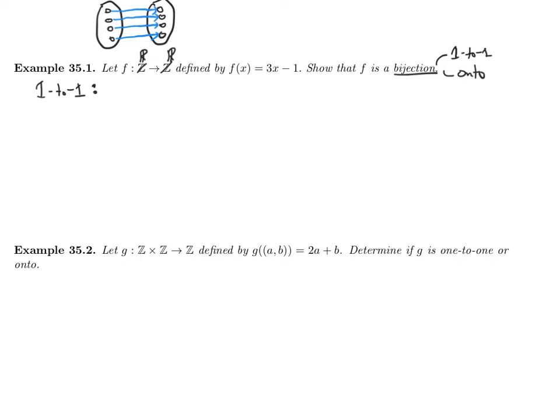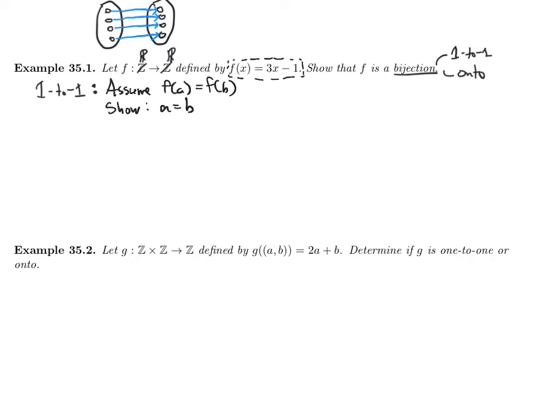Remember, one-to-one says if f at a equals f at b, then a equals b. So we're going to assume that f of a equals f of b, and we're going to show that a equals b.